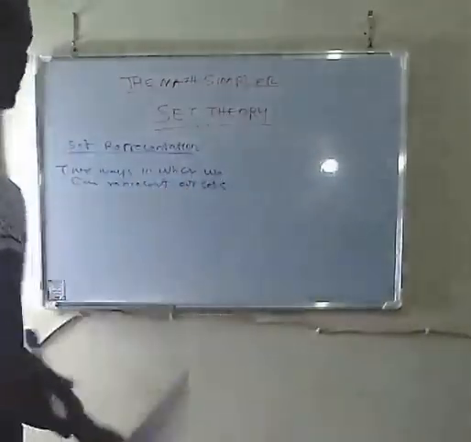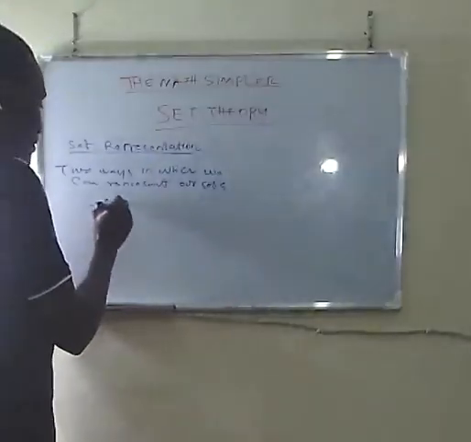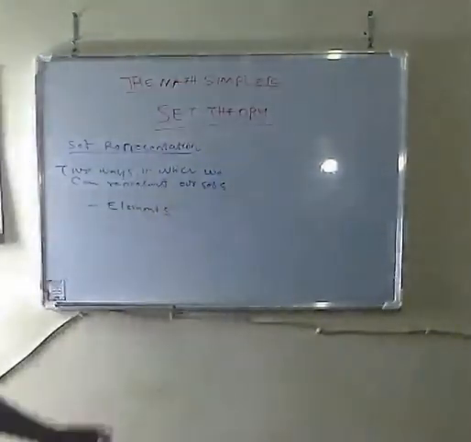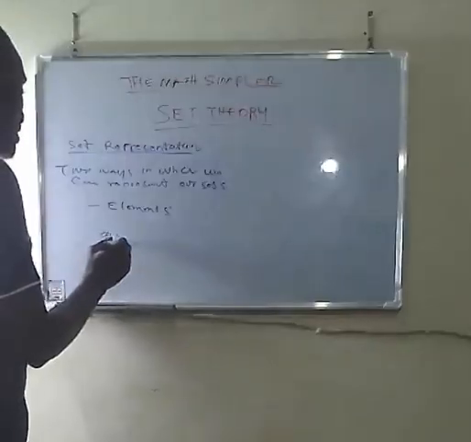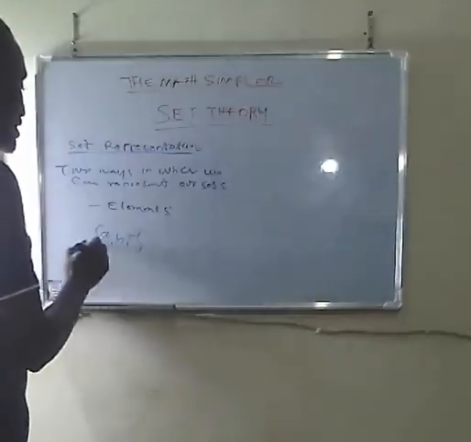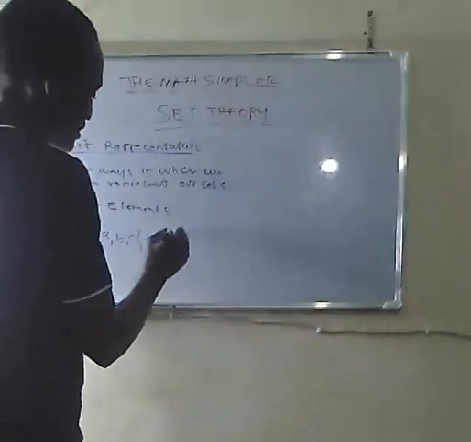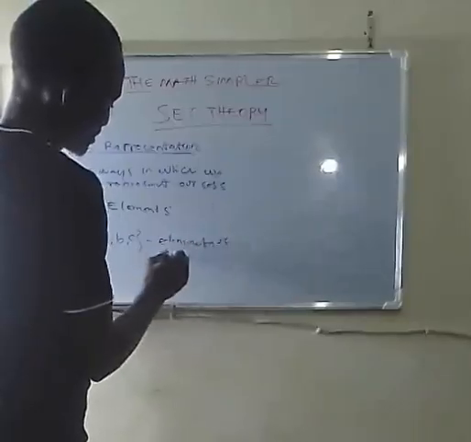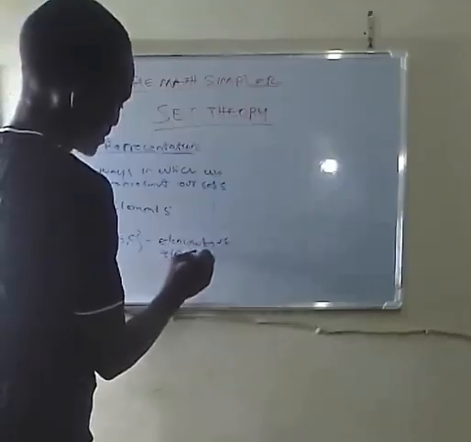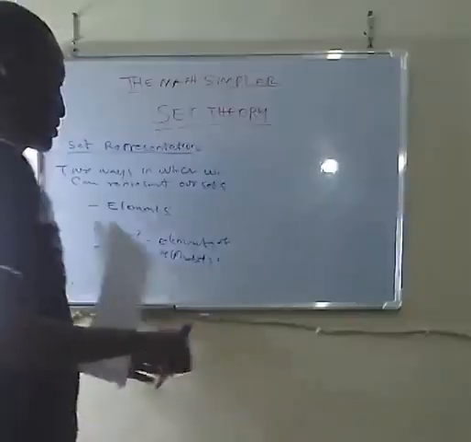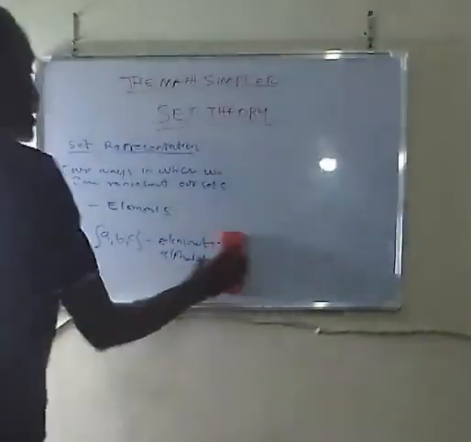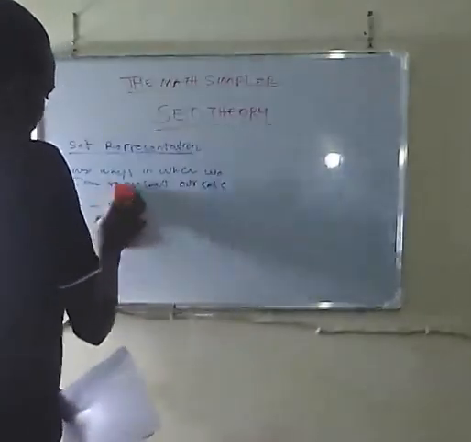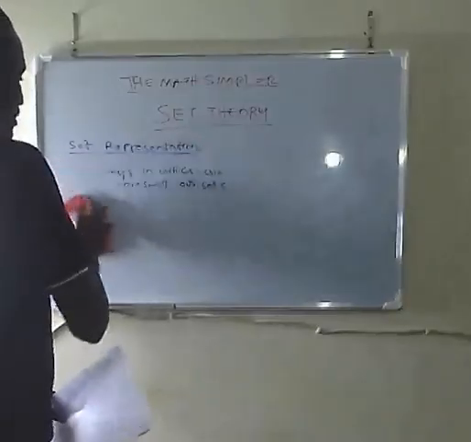The objects within a set are called elements, the elements of a set. Like we have A, B, C, etc. These are elements of the alphabets. So the objects of a set are known as elements.